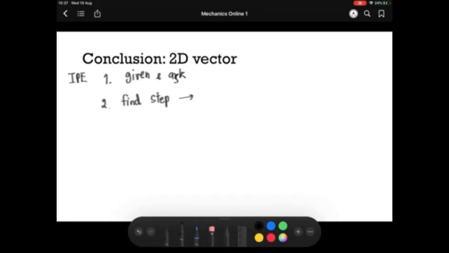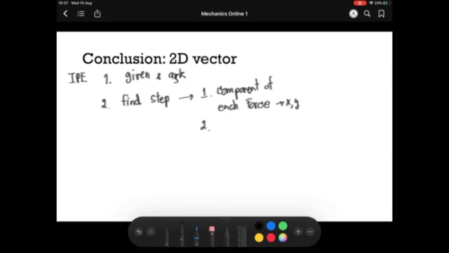The first one is to find the components of each force or vector that they give you, in terms of x and y.